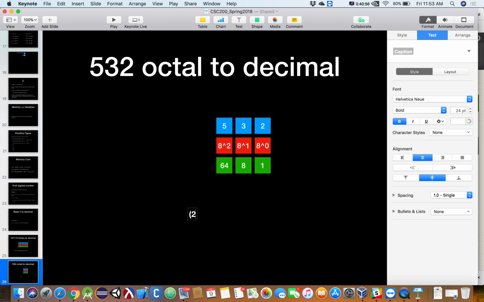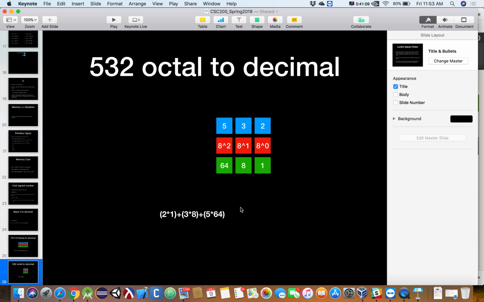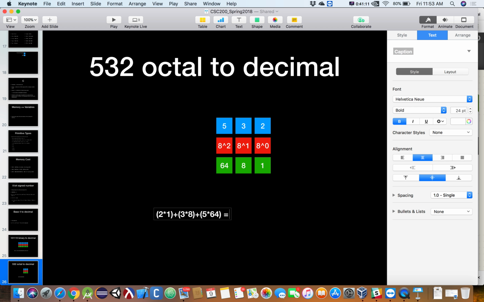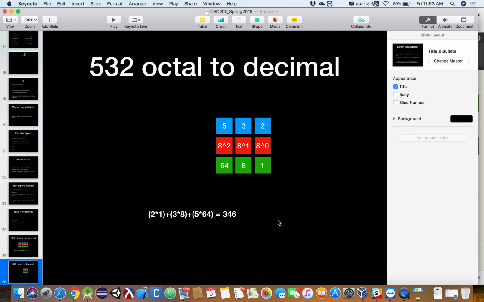So this is 2 times 1 plus 3 times 8 plus 5 times 64. And that's 346. So make sure you all can get that number, see that pattern. I'm rushing a little bit because we only have 2 minutes left.